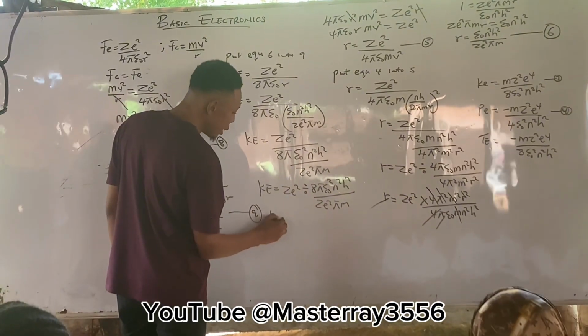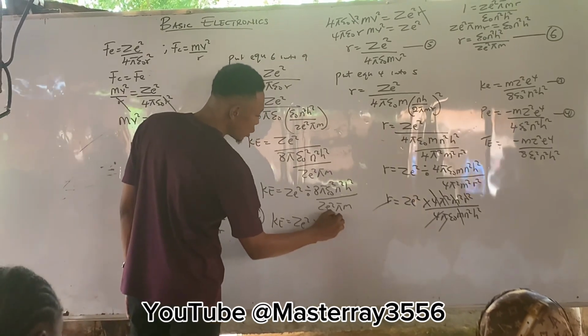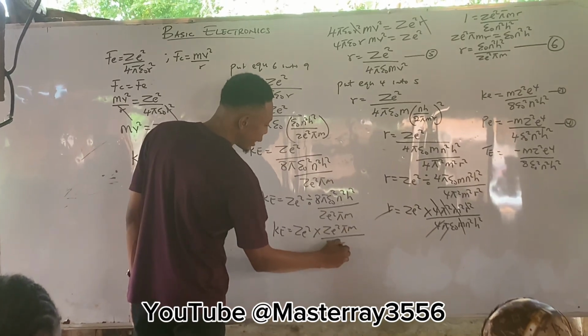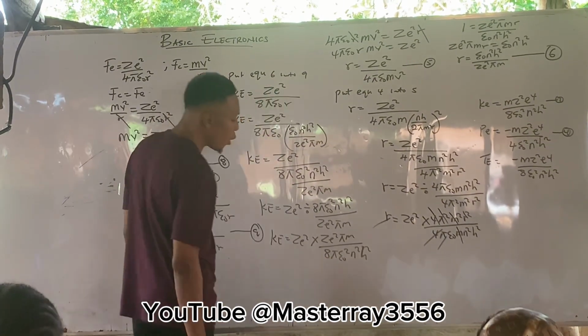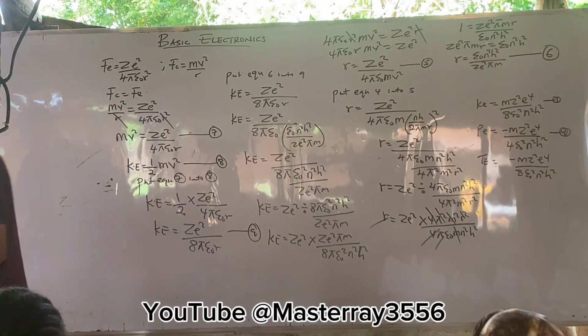So our KE will be equal to Z squared times Z squared pi N over 8 pi epsilon naught squared N squared A squared. So from there, I can write this.